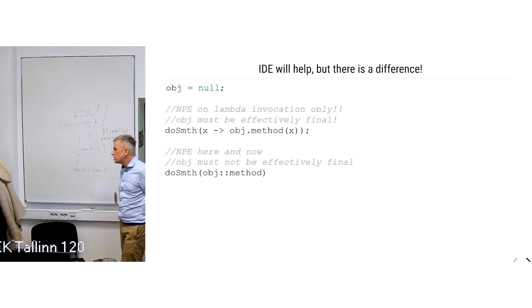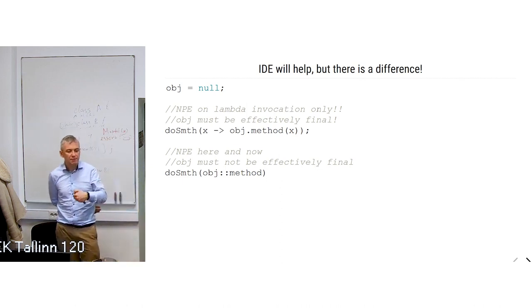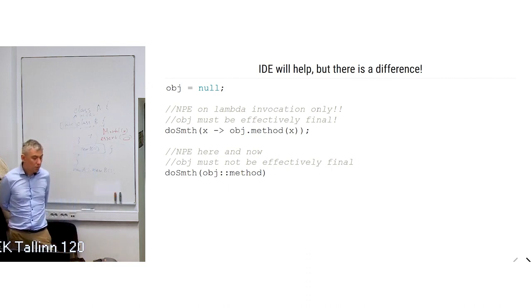In most scenarios you will change lambda to method reference, because, as you can plainly see, method references are more concise, and they are more performant in Java under the hood. So usually there is no reason to use lambdas when you can use method references instead of lambda.